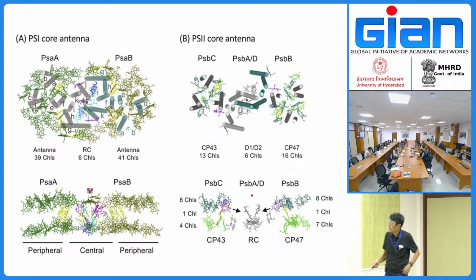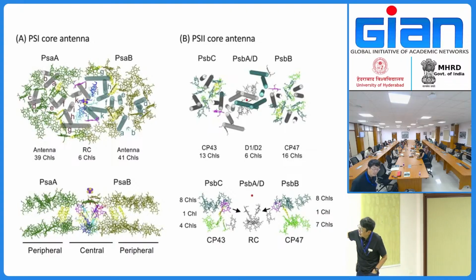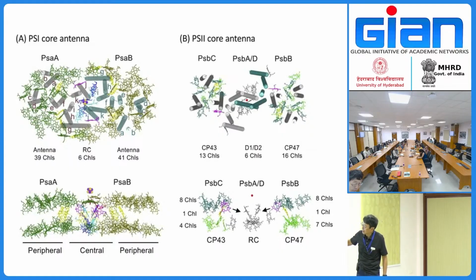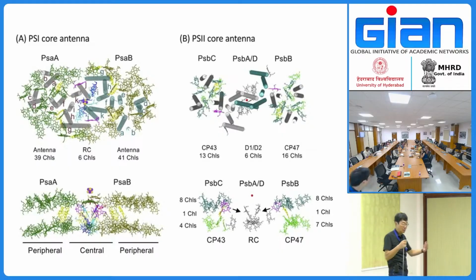In the case of PS1, there are some chlorophylls here, but finally, there are more chlorophylls here. But the excitation energy is transferred from here to the reaction center. And one chlorophyll like this is the closest.